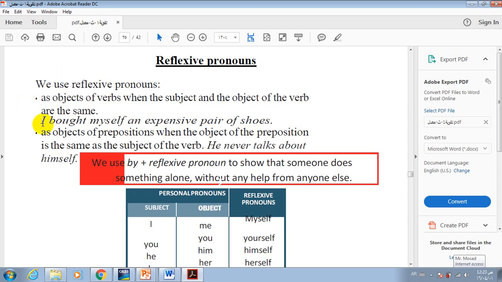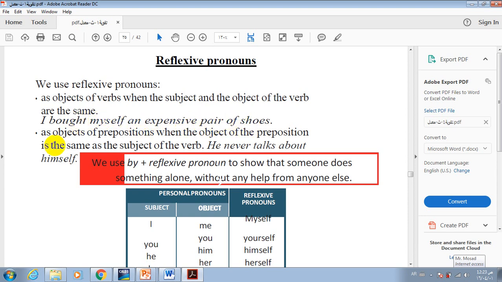Here, the subject and the object are the same, because he wants to say that he bought a thing for himself. I bought myself an expensive pair of shoes.